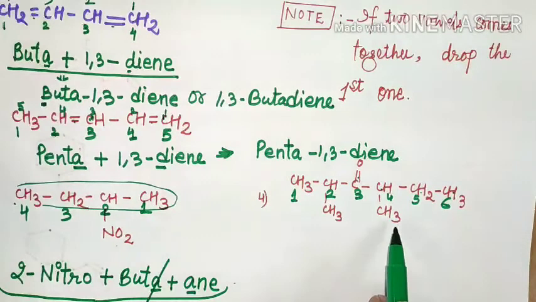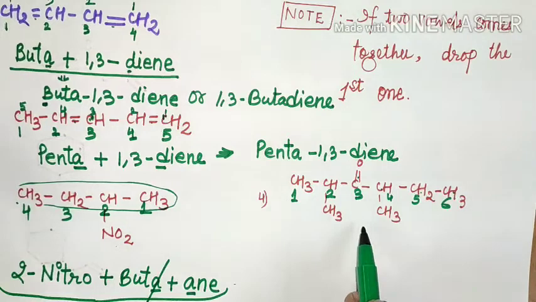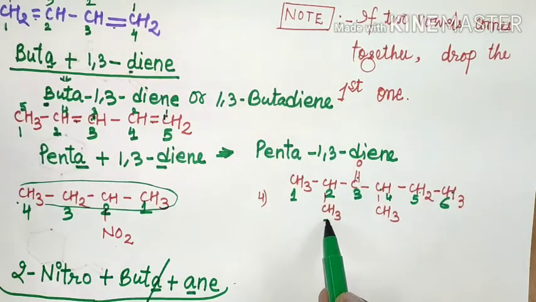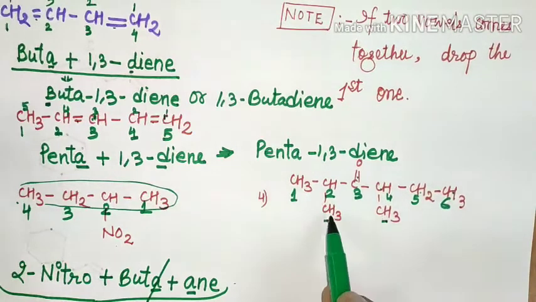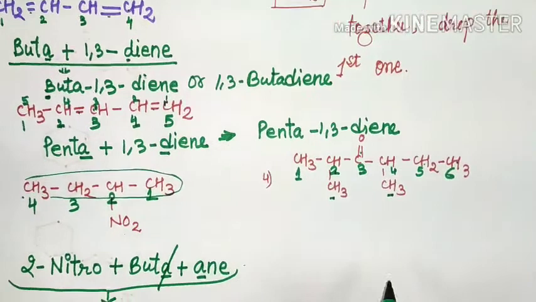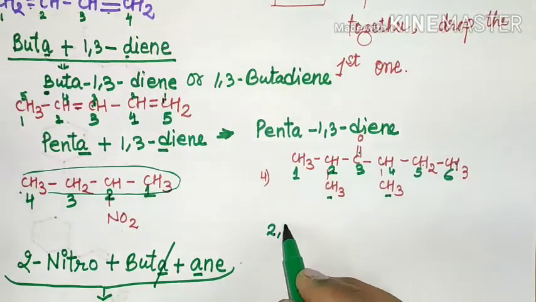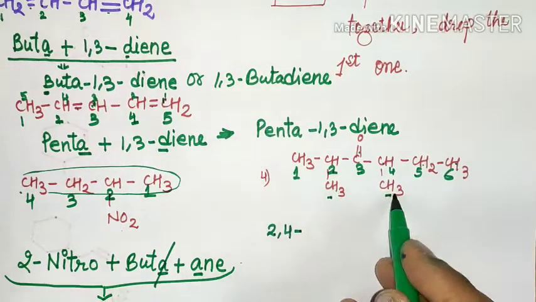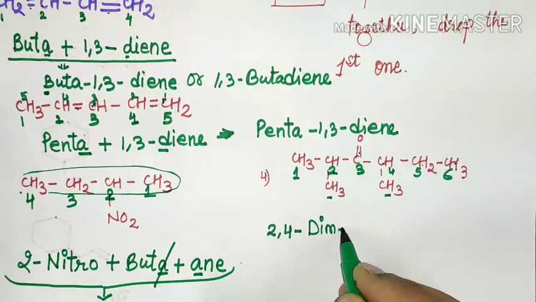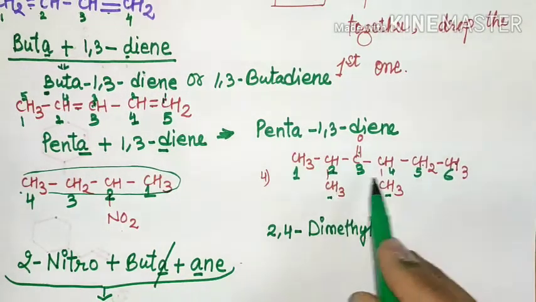So after numbering, now it's time to write its IUPAC name. First of all, we have to write the secondary prefix. Since there are 2 substituents present in this compound, at position number 2 and 4, indicating their positions, we will write 2,4. Since there are 2 methyl substituents, we will write dimethyl, plus primary prefix.